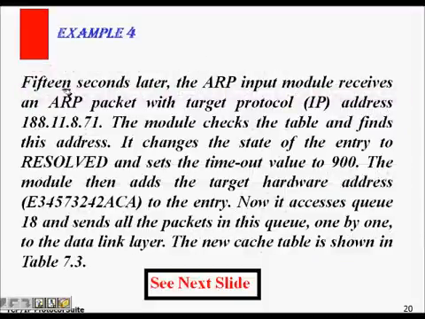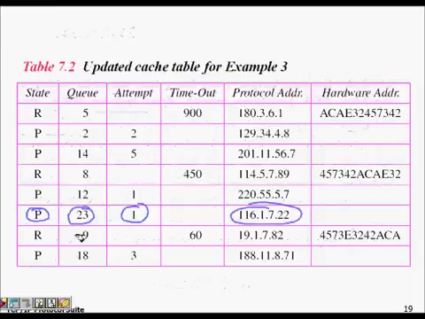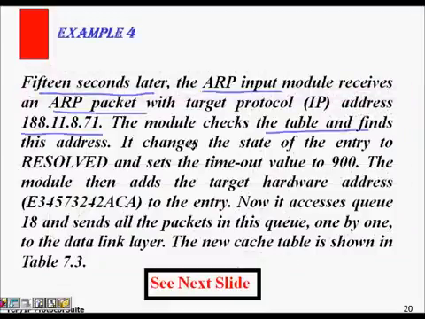Then what happens 15 seconds later? Our input module receives a packet with target address 188.11.8.71. The module checks the table. The ARP input module receives an ARP packet, so it is receiving an ARP reply.